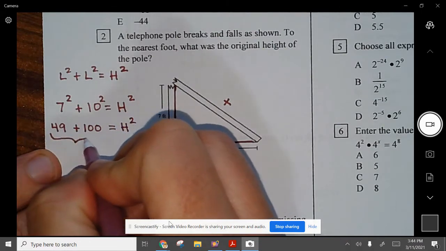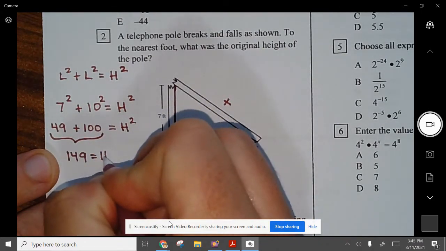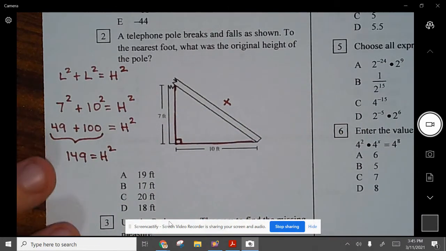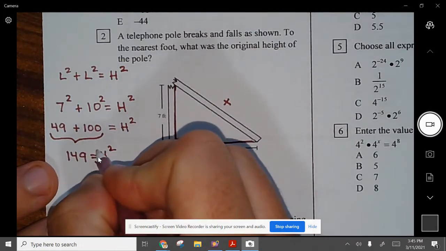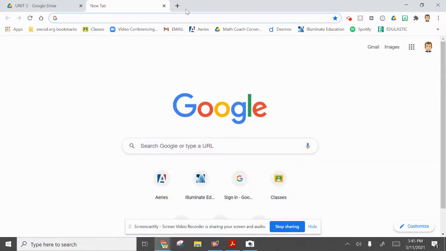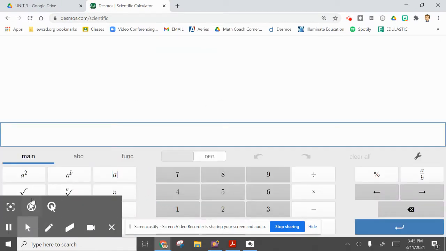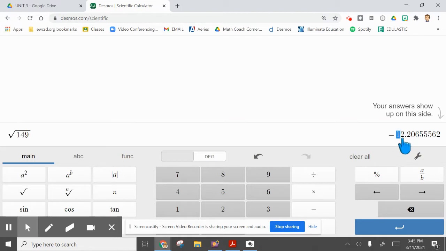And then this is simple math here. 149 equals h squared. And then what's your last step? You have to square root, don't you, to get rid of this here? So your answer would be the square root of 149. What I'm going to do right now is get my calculator up and running. Square root of 149 is 12.2.